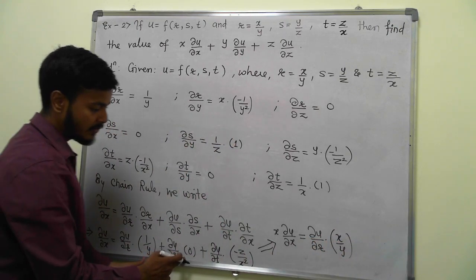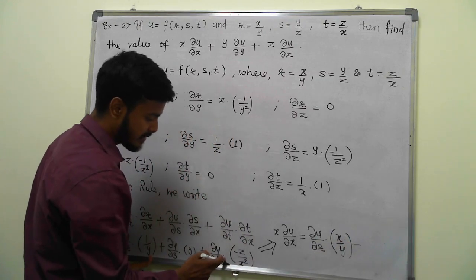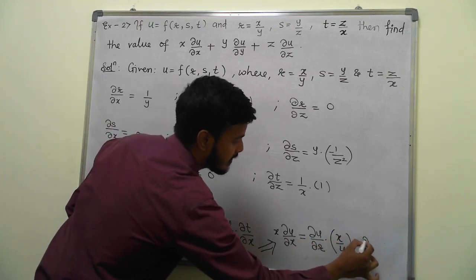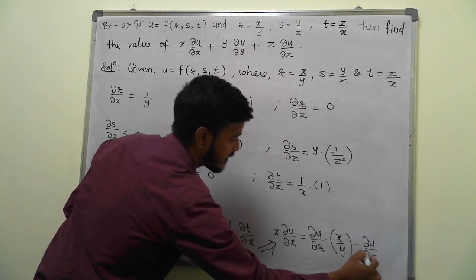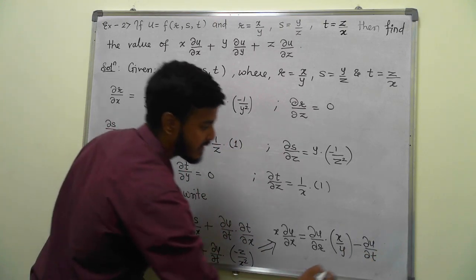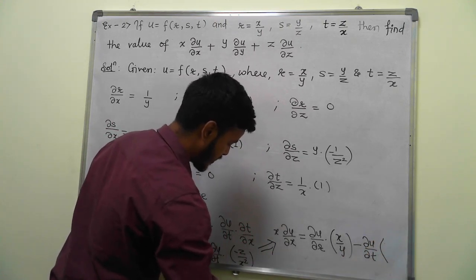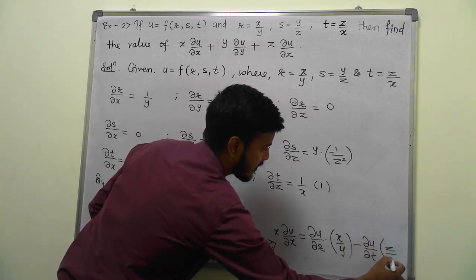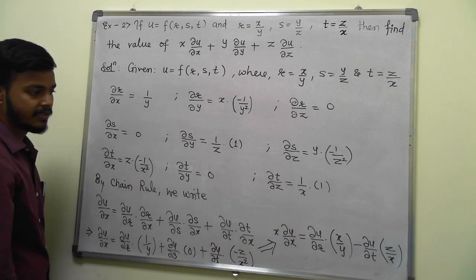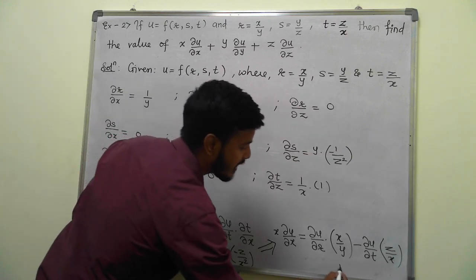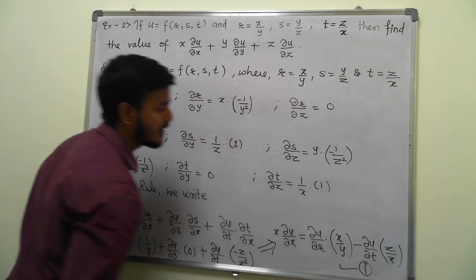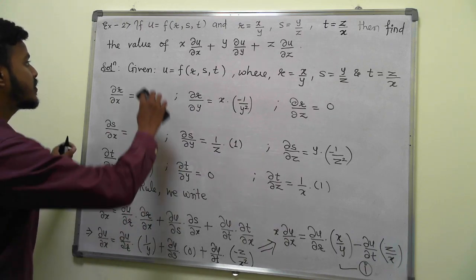Second term is 0, no need to write, minus del u by del t multiplying by x, the x gets cancelled, so that would be z by x. I have already taken the minus sign common. Say this is to be my equation number 1. Let us find out the equation 2.